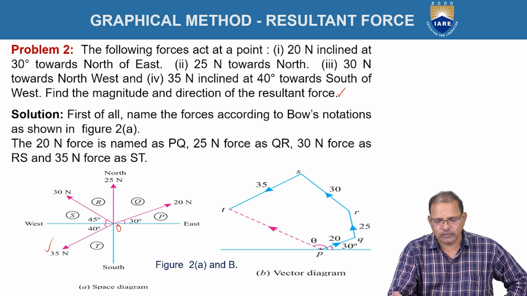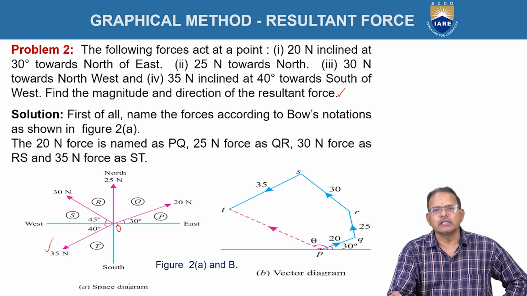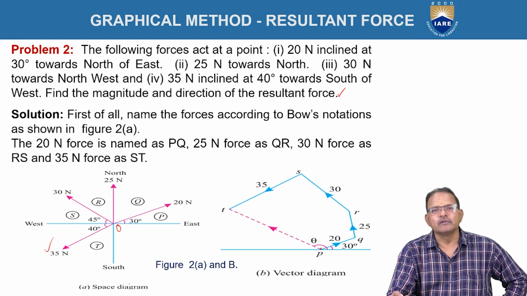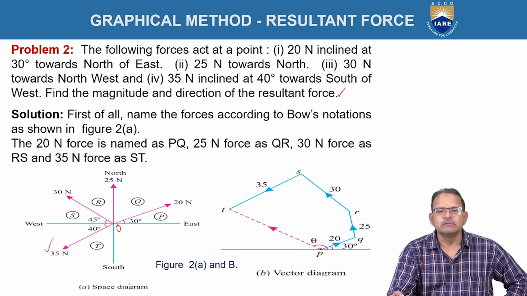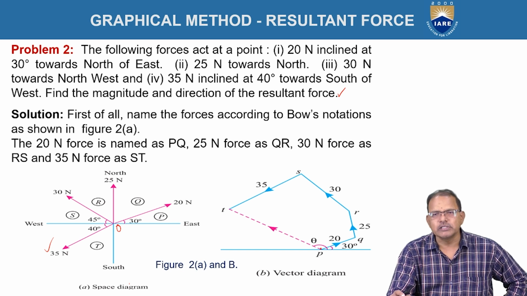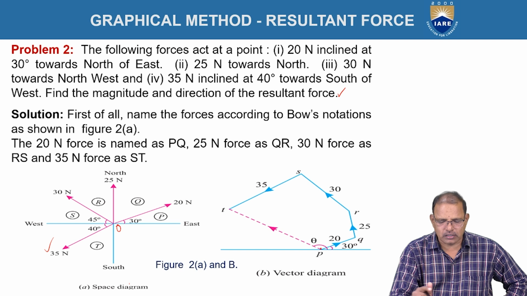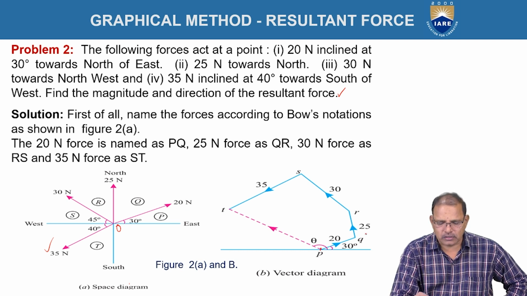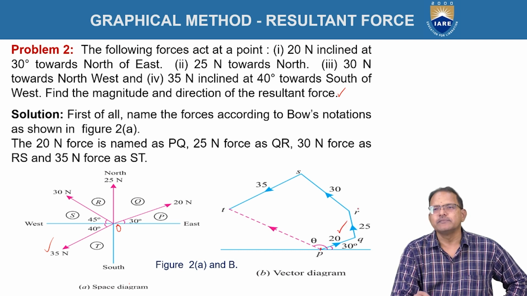According to the law of polygon of forces, all the forces are represented both in magnitude and direction by the sides of a polygon. The closing side of the polygon represents the resultant of all the forces, but taken in the opposite order. Here P is the reference point, making an angle of 30 degrees as shown in the figure, of length 20 newtons.